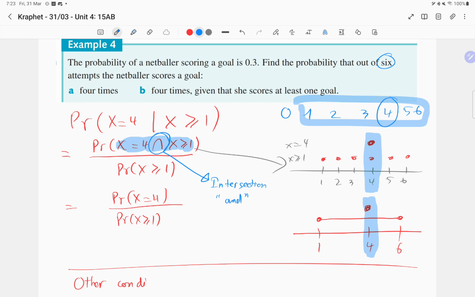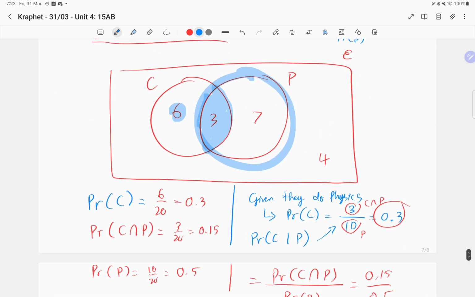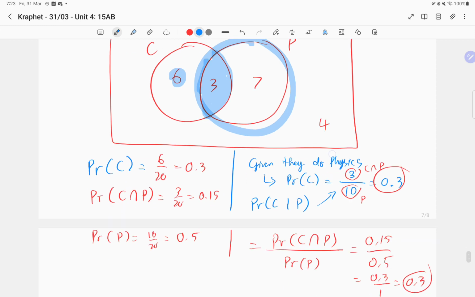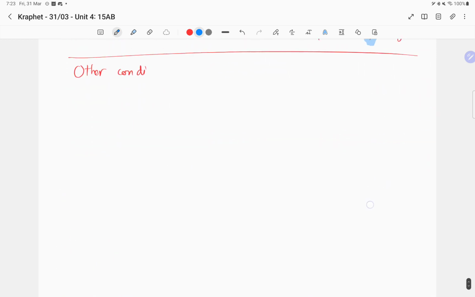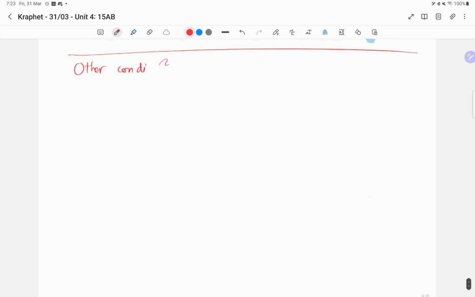Yeah, so x equals 4 and x is more than or equals 1. So x must be the value that satisfies both conditions, because it's an intersection, right? It's like how before, C intersect P means they do chemistry and physics. Alright? Because it's an intersection, it has to do both chemistry and physics. So other conditions can look something like this.